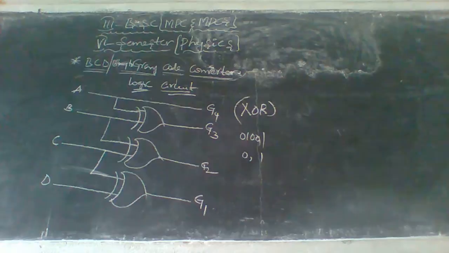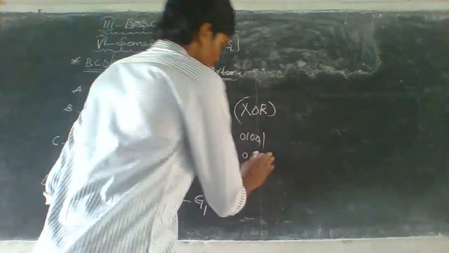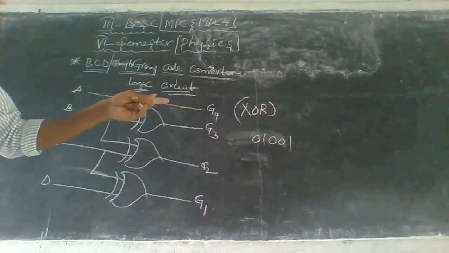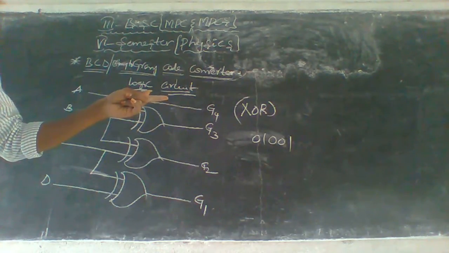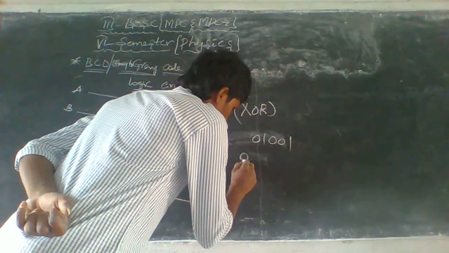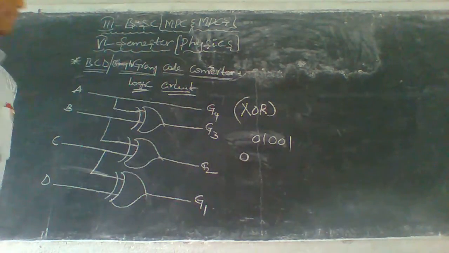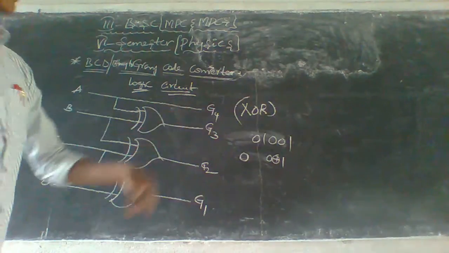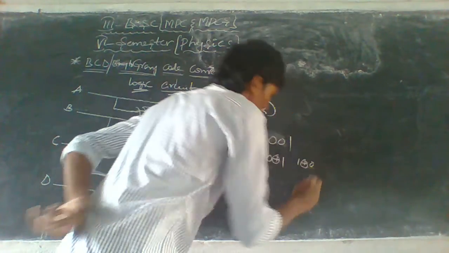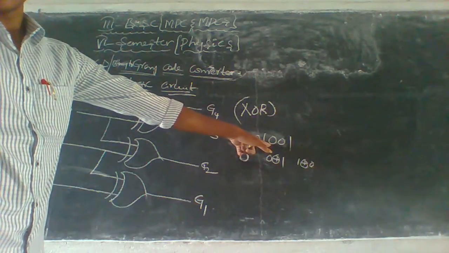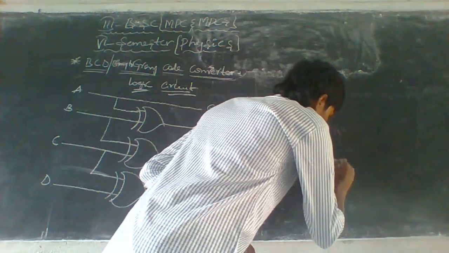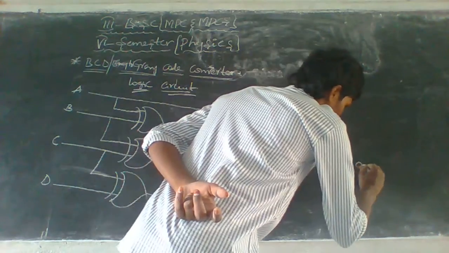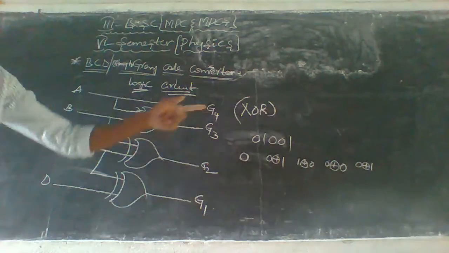So for 01001, this is the example. First 0, and second one 0 plus 1, next one 1 plus 0, then 0 plus 0, and the last one 0 plus 1.